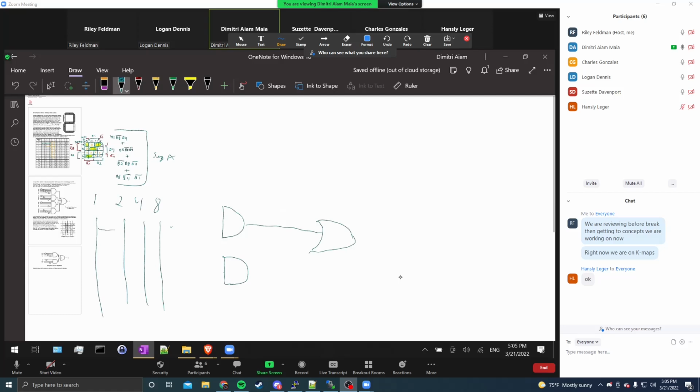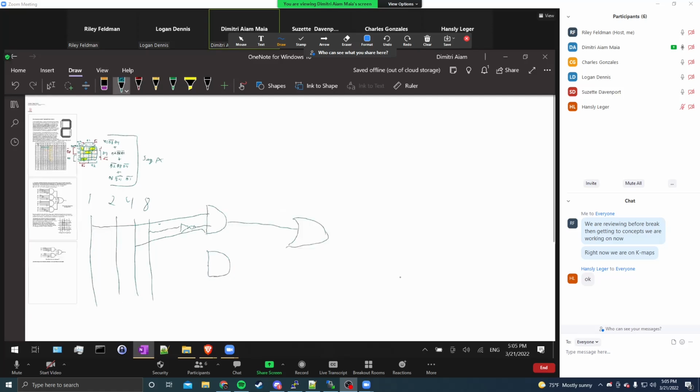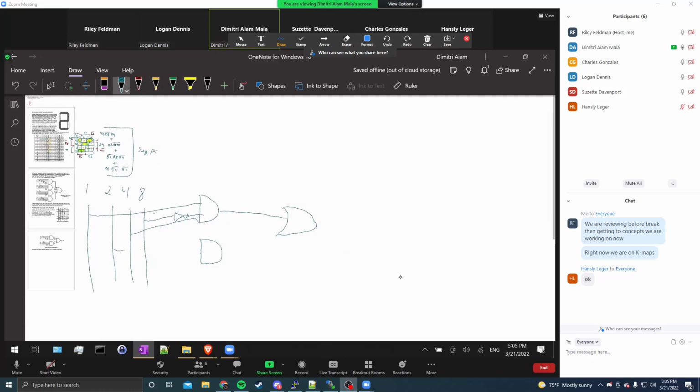So 1 is true, 8 is negated, and 4 is not negated. And then 2 is true. This is an 8. 8 is negated. 4 is negated as well. And then another AND gate.